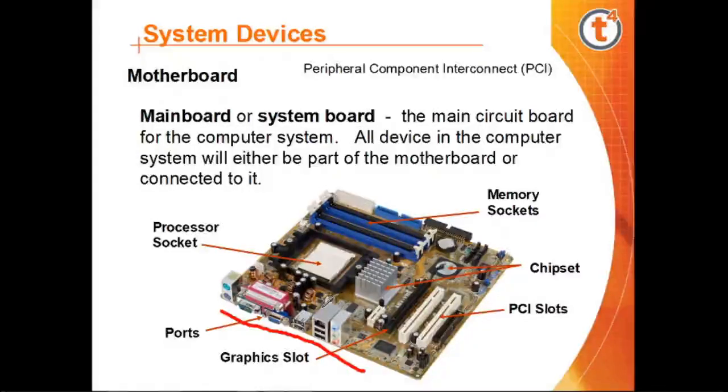This helps us to process the data or information. Here you have the processor socket. These are the graphic slots, and the PCI slots are these two, and the chipsets: this is one chipset and another one is this. The memory sockets are these two.